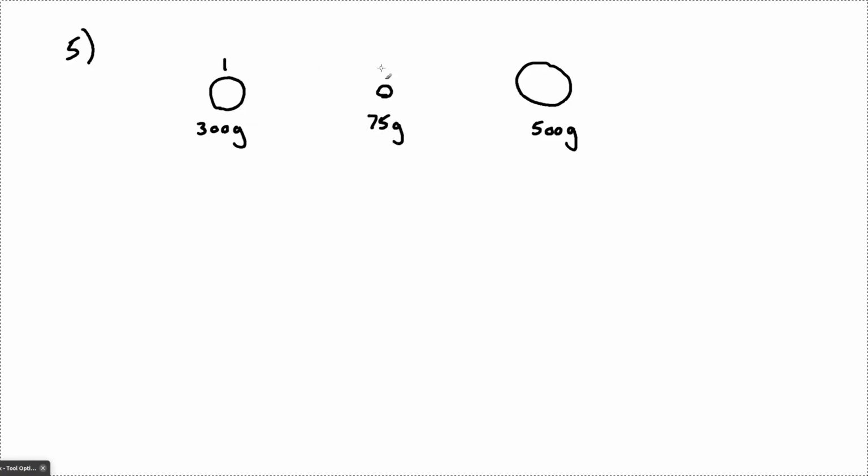So if measured from the centers of gravity, that distance there is going to be 20 centimeters, or 0.2 of a meter. And this distance here is also going to be 0.2 of a meter.